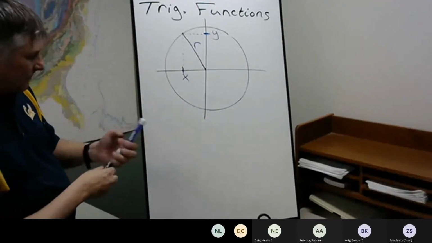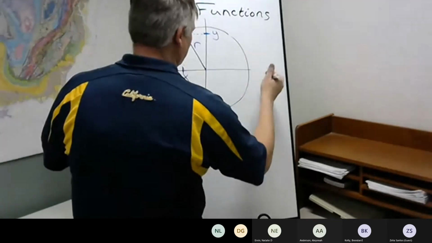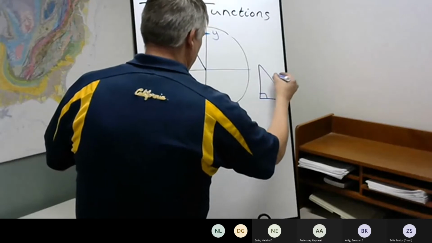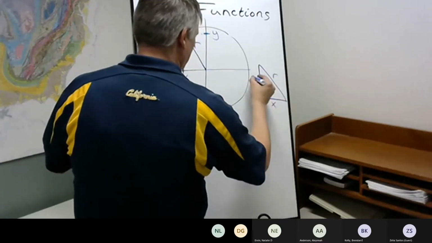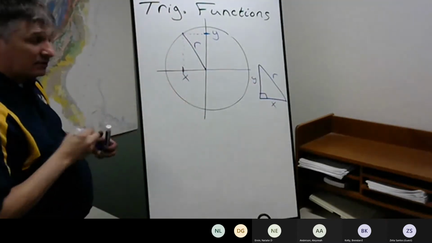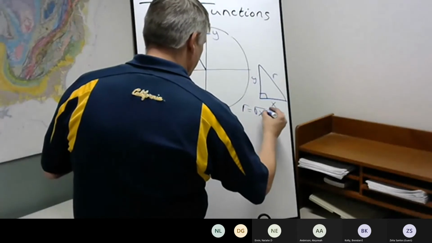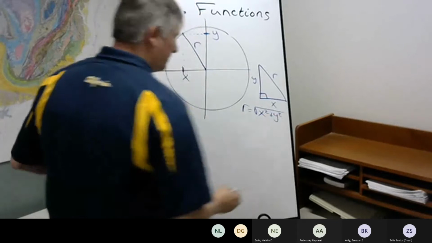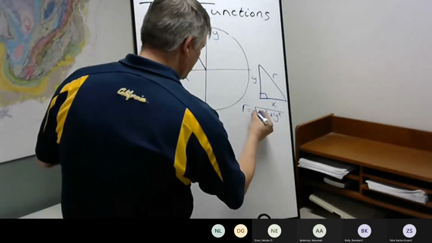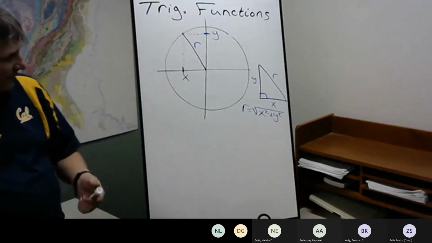And to find r, well, we can take this triangle. There's a height of y and a base of x. So r is x squared plus y squared, and then take the square root. So that's how you come up with r.